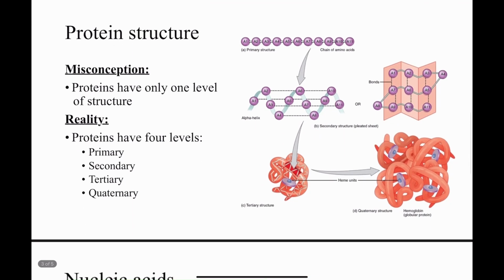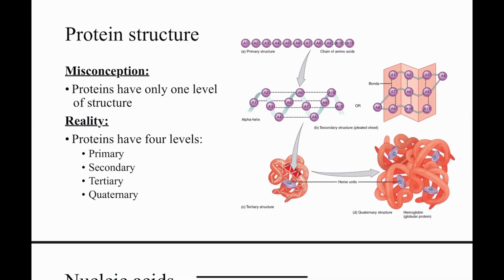Another common misconception is that proteins only have one level of structure, or that they are simple linear chains of amino acids. So normally, we're going to see our proteins represented as straight chains like we see here. And that's because it's a lot easier to show and understand their basic sequence when they're represented that way.